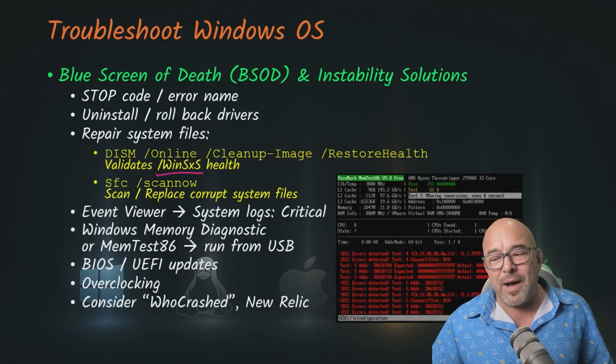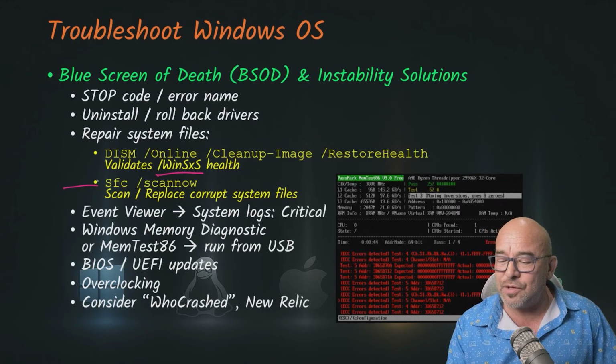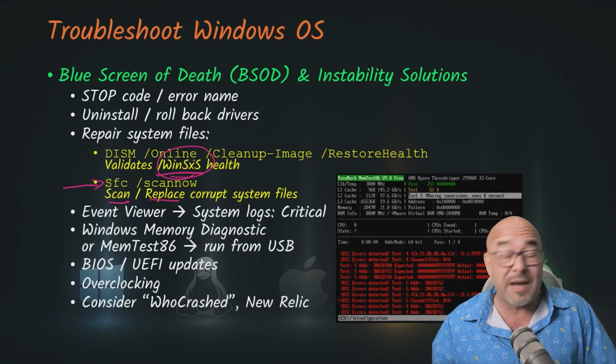So then, if one of my active Windows files becomes corrupt or has some kind of a problem, then I can use this tool, the System File Checker, to scan now. And then what it'll do is it will scan and look for corrupt files, and it will replace the corrupt system files with files that it extracts out of the Windows side-by-side directory.